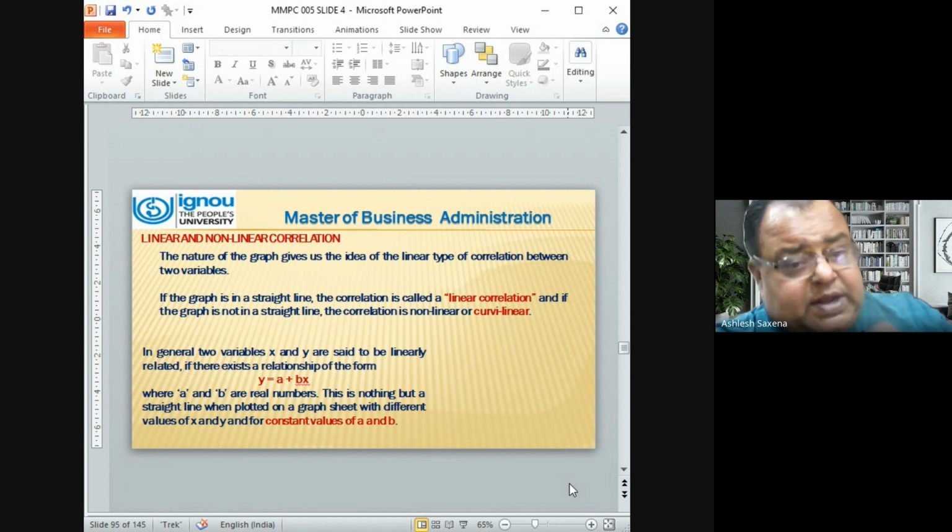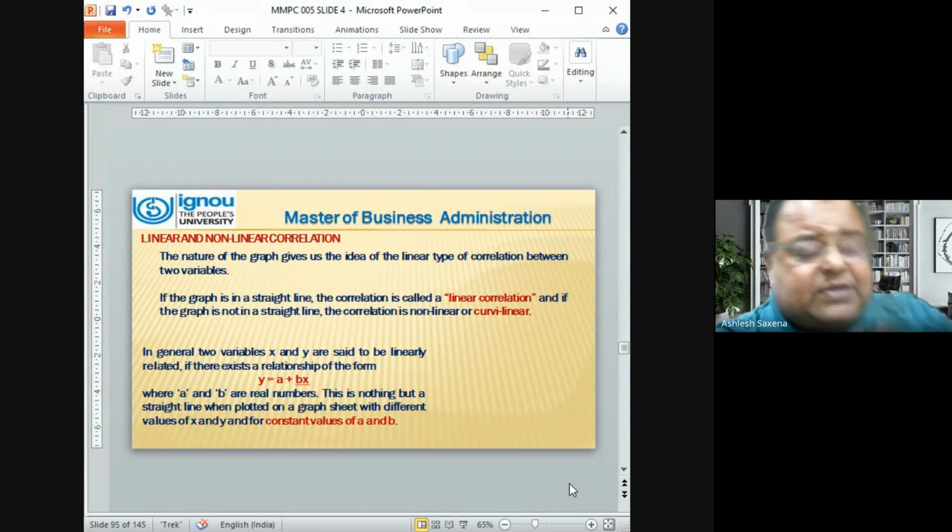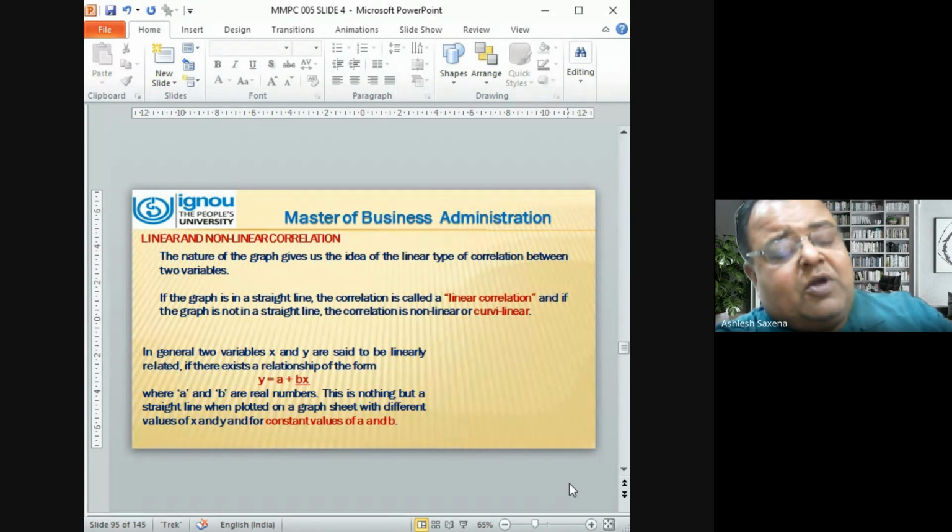In general, two variables x and y are said to be linearly related if there exists a relationship of the form y is equal to a plus bx. This resembles the general form of a straight line, that is y is equal to mx plus c, where a and b are real numbers. These are the constants.